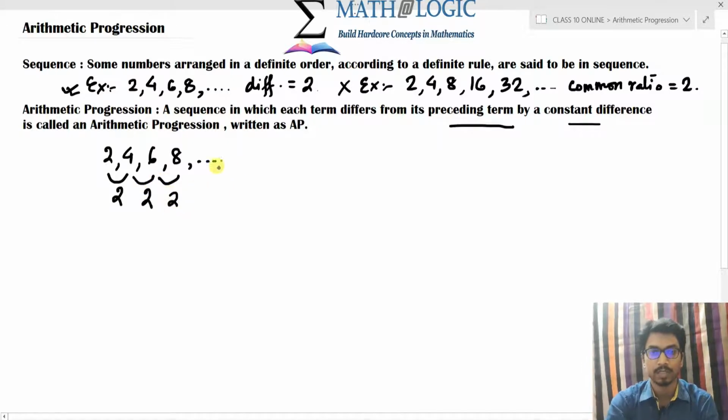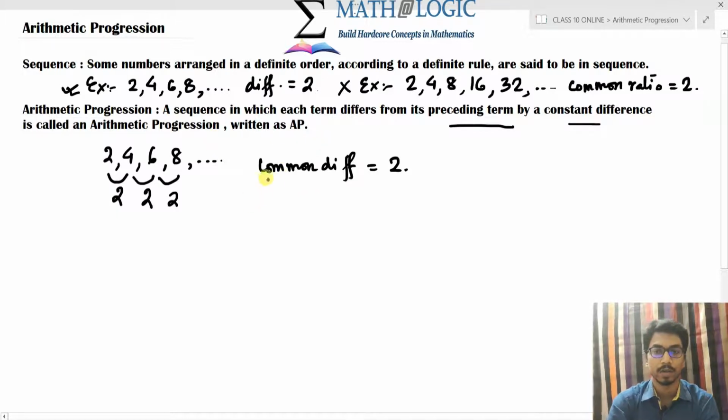So that means in this case there is a common difference, which is 2. So whenever a sequence is having a common difference between each of the numbers, that is arithmetic progression.